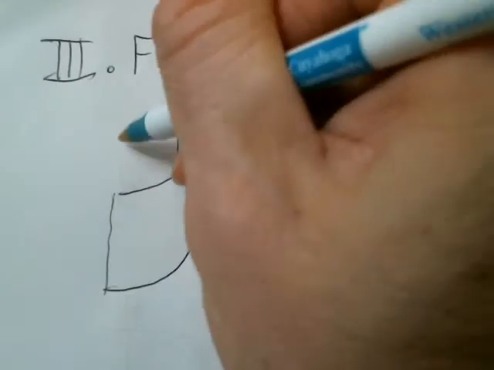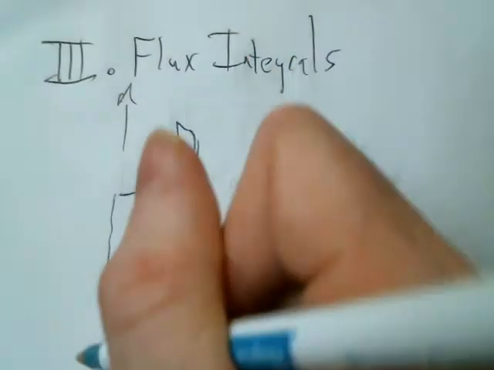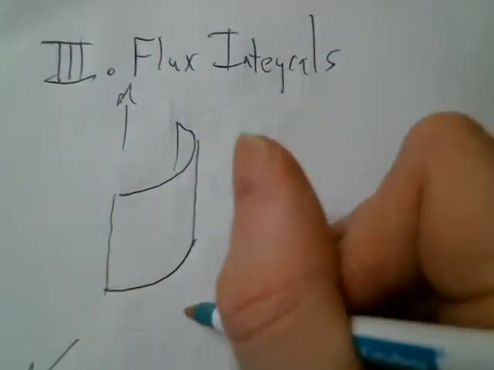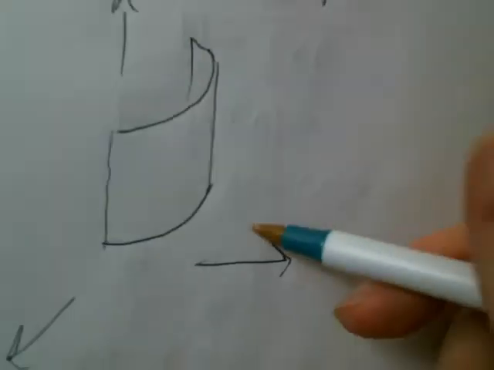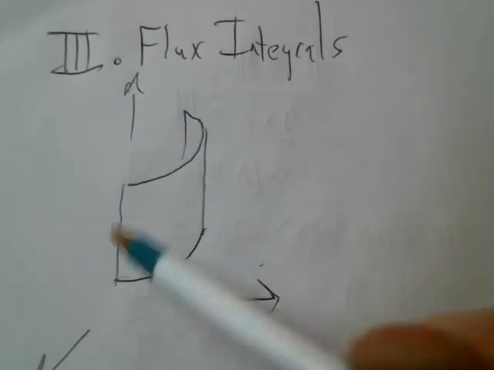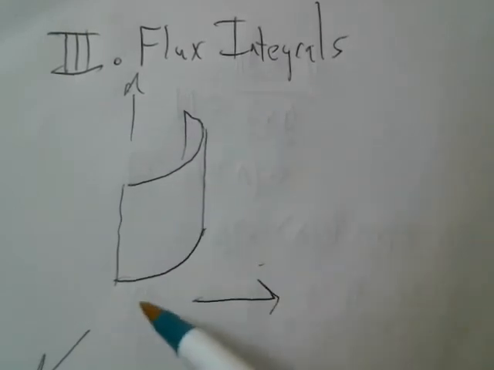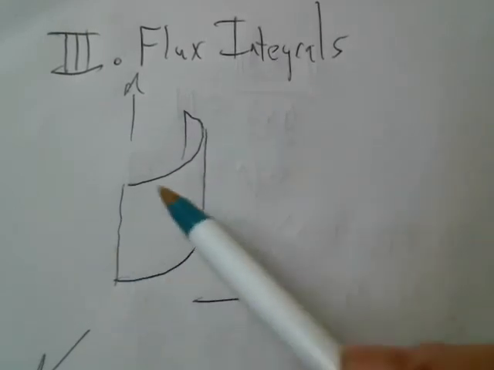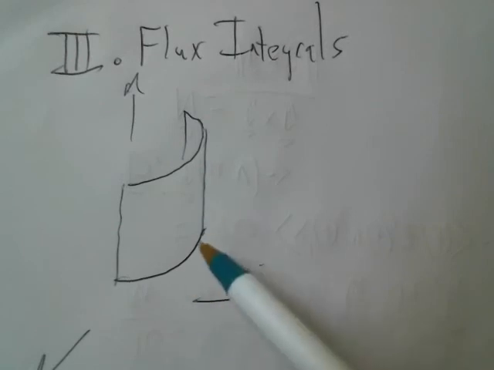Okay, and it's given in your XYZ space. So this could be a portion of a cylinder or something like that. And then you imagine in this XYZ space a vector field.